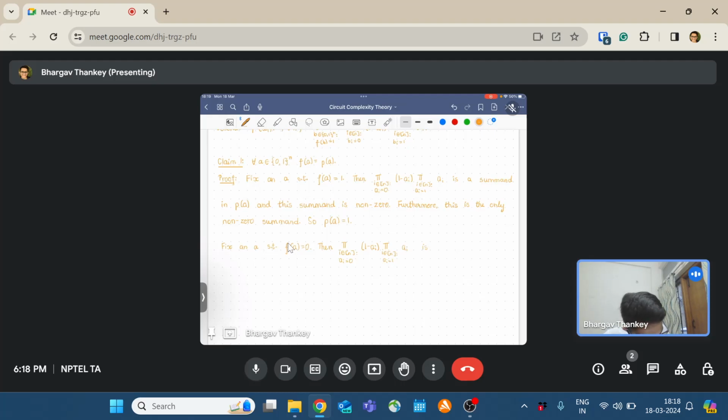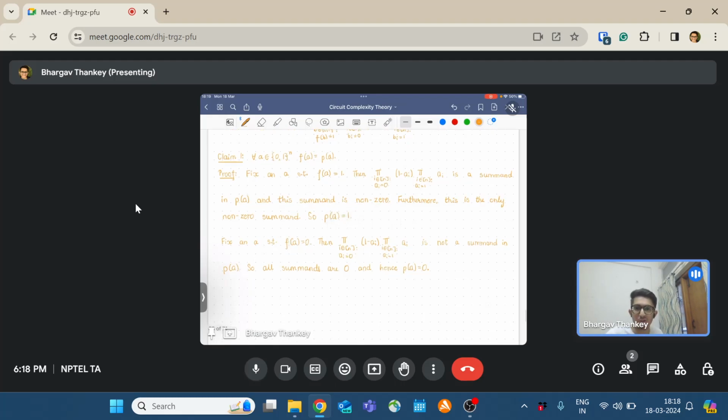This is not a summand in P. So all summands are 0, so in this case P of a is 0. So we have shown that when f of a equals 1, P of a is 1. When f of a is 0, P of a is 0, and so we are done. Right, so this proves the claim.